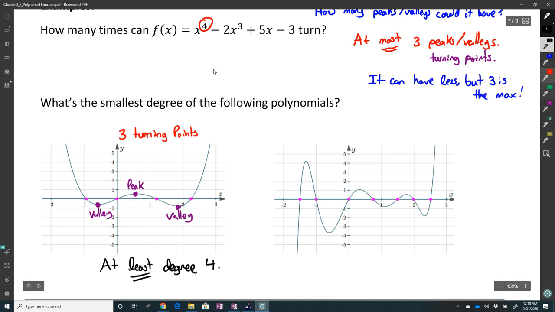Same thing here. Here we have a peak. Here we have a valley. Here we have a peak. Here we have a valley. Here we have a peak. Here we have a valley. And so this has 6 turning points.